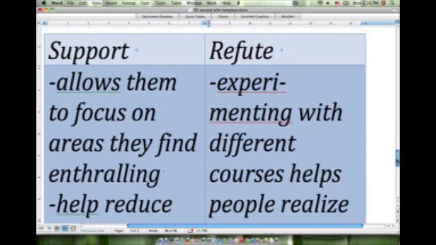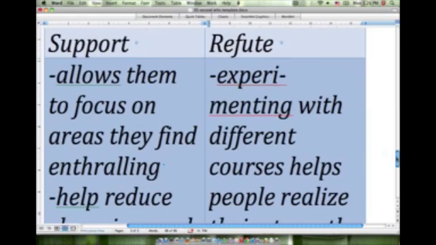Now, when I look at the two sides here, personally, I feel that the refute side would probably be easier to argue, simply because this is the system that is in place in the world today. Any country you go to, students have to study a certain number of courses, and many of those courses they find disinteresting.